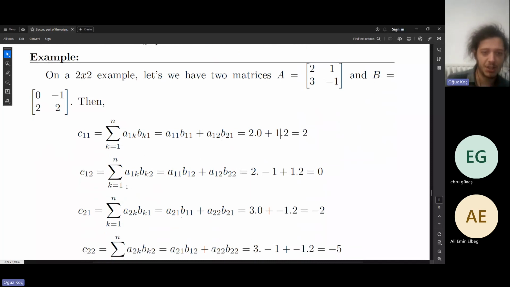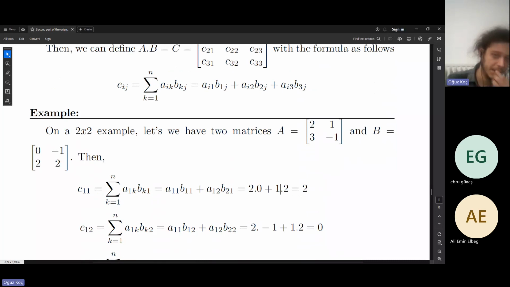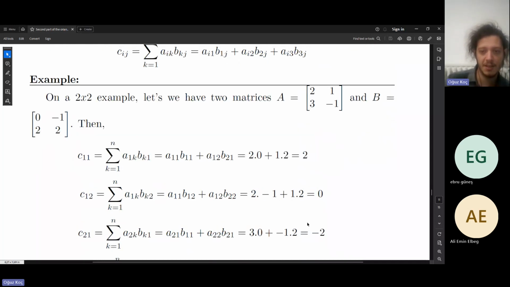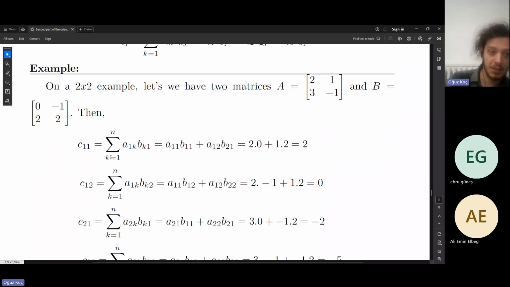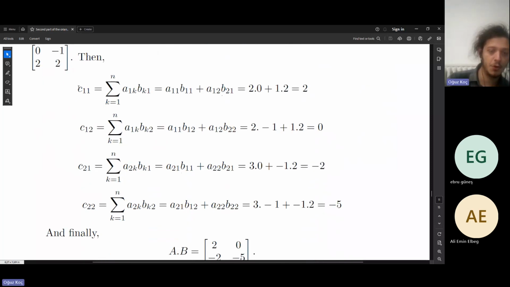Similarly, we can change the i and j values by the corresponding numbers. We get similar calculations, and then we calculate those summations for the 4 elements of the C matrix.